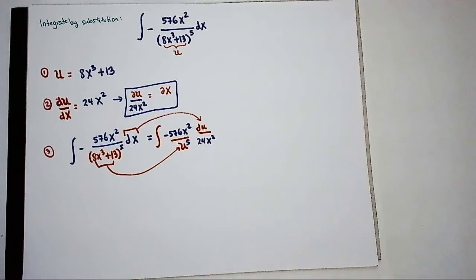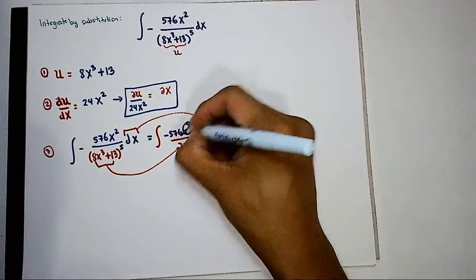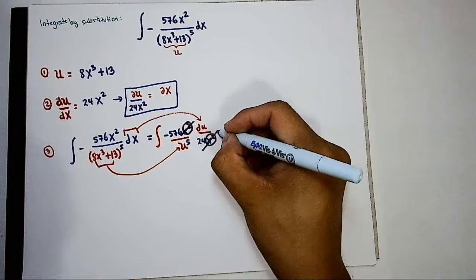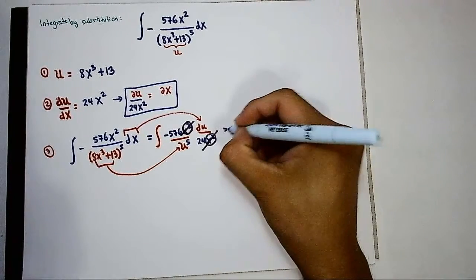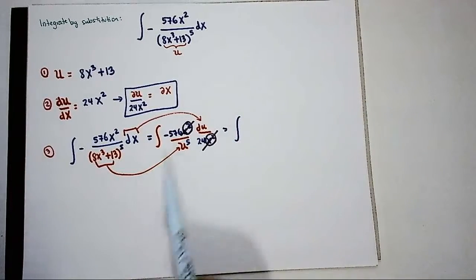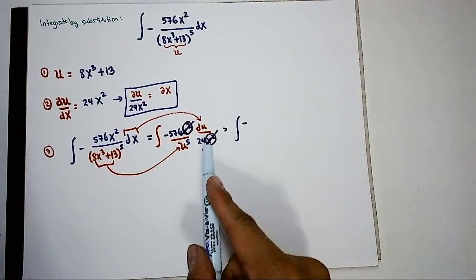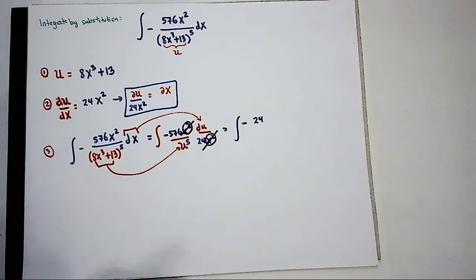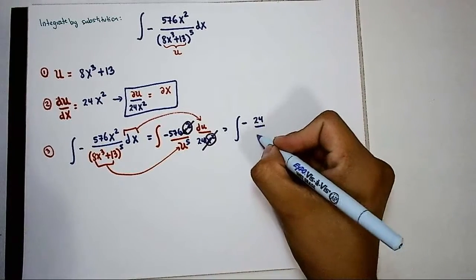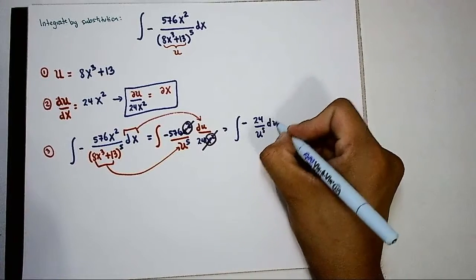From here, we can cancel x squared and x squared. And this is minus 576 divided by 24 is 24, divided by u to the fifth du.